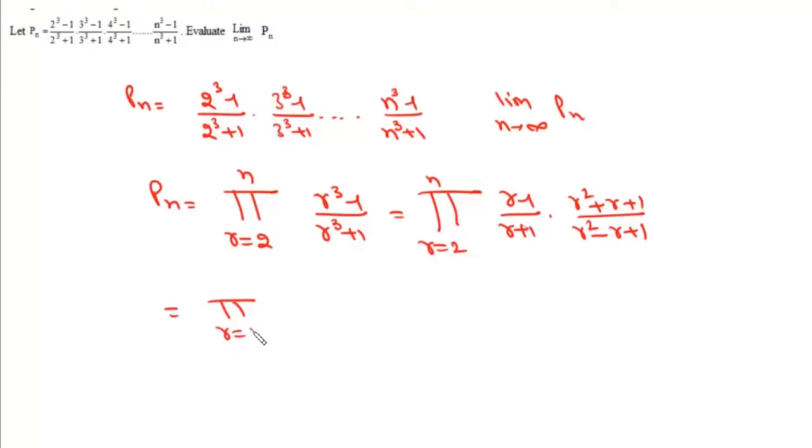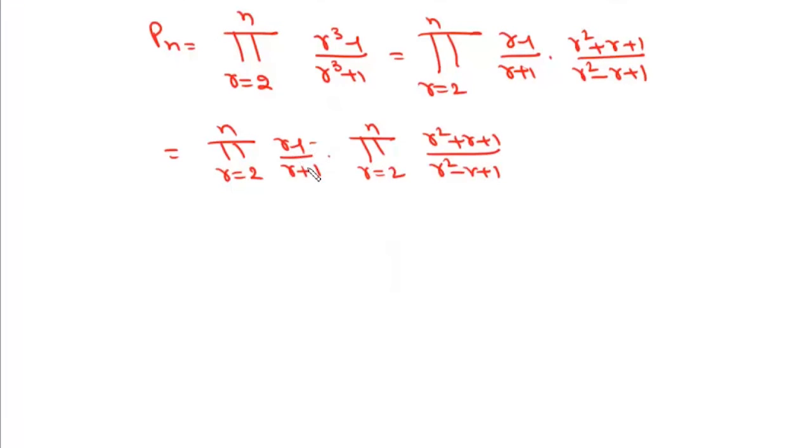So first part is r varies from 2 to n, r minus 1 upon r plus 1, and here will be this product from 2 to n, r square plus r plus 1 upon r square minus r plus 1. Now the difference between these two is 2.